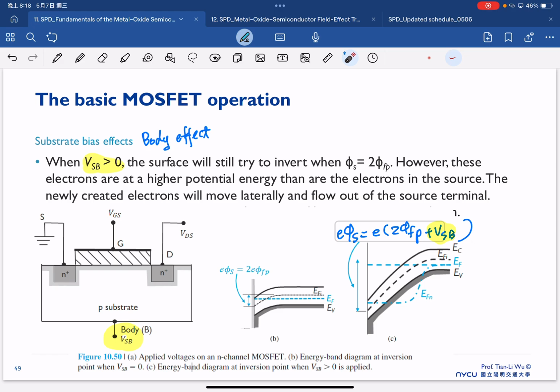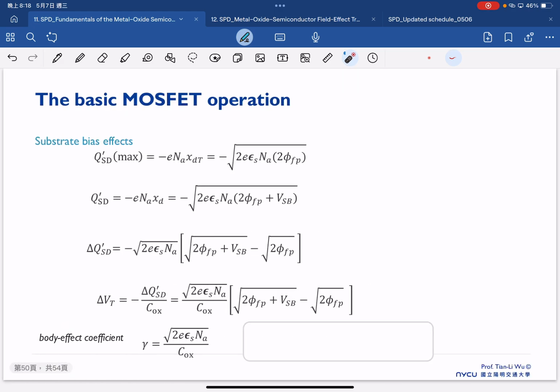And if VSB is not equal to 0, then everything we calculated before, we have to recalculate, because we have a phi fp here, and the phi fp has to be reconsidered as 2 phi fp plus VSB. So in every equation, we replace 2 phi fp with 2 phi fp plus VSB. In the end, we can estimate the threshold voltage difference between with substrate bias versus no substrate bias.